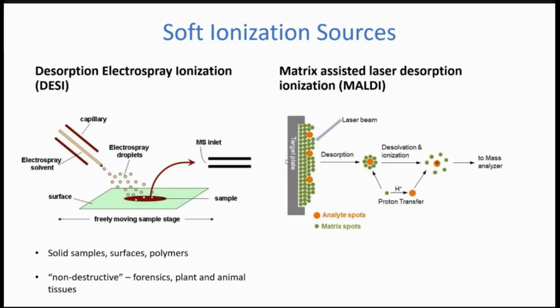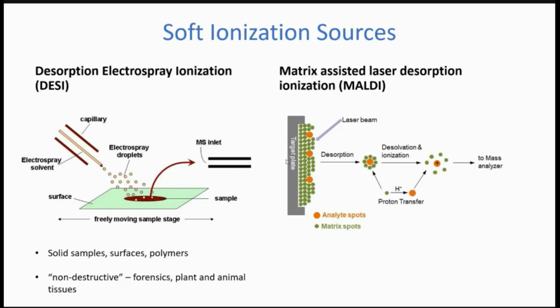Your sample is embedded in a special matrix on a special plate, and a laser beam, which is much higher energy than an electrospray, for instance, causes the matrix and the analyte to desorb from the plate.